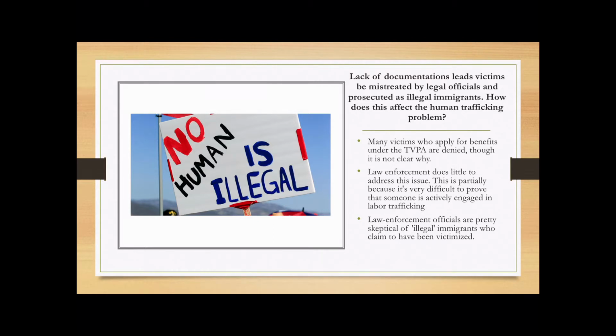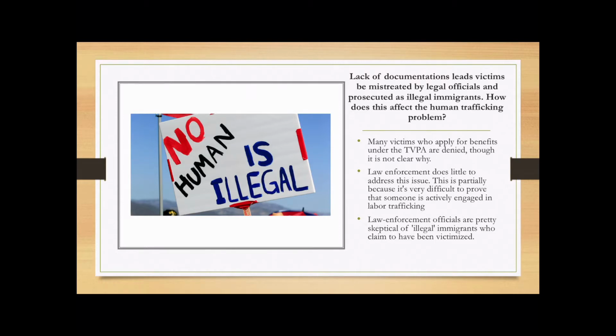In the years since the passage of the TVPA, the laudable goal of protecting sex trafficking victims in the U.S. has not been adequately accomplished. Many victims who apply for the benefits under the TVPA are denied, though it's not clear why.